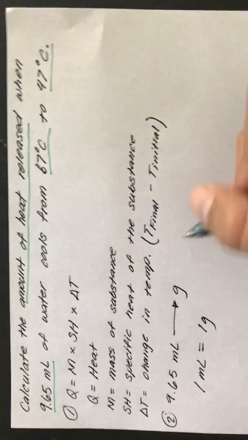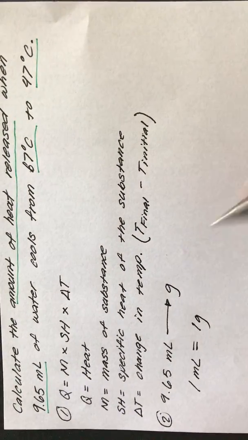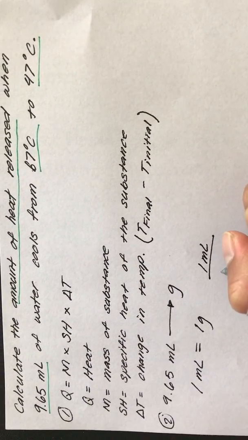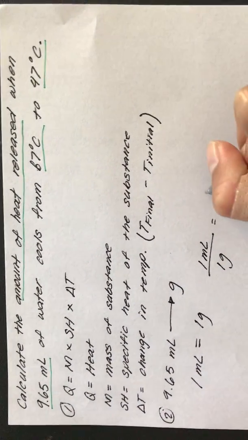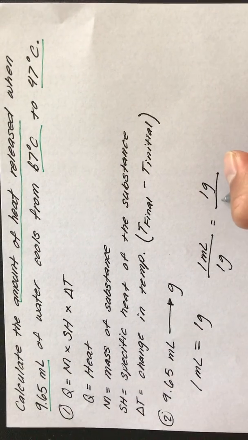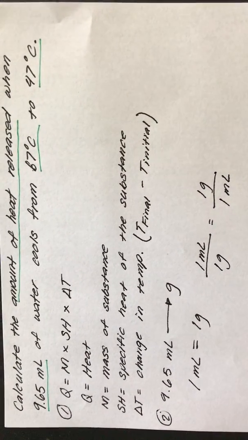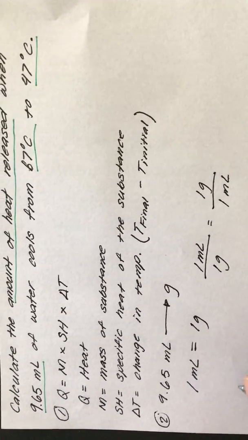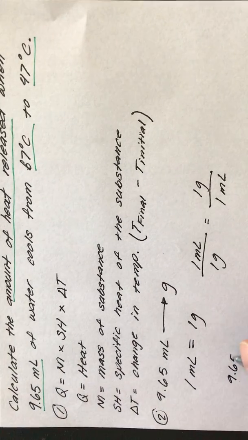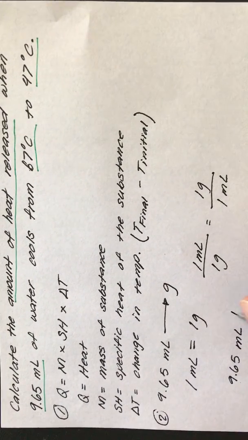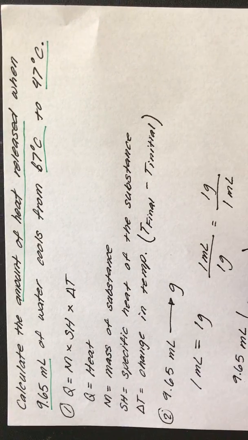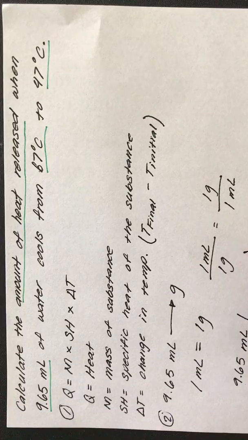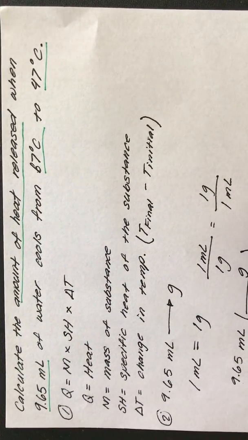So the conversion table would look like this: 1 ml over 1 gram is 1 gram over 1 ml. To convert this to grams, we start with 9.65 milliliters. Then we put milliliters on the bottom in order to cancel these out, and grams on top.